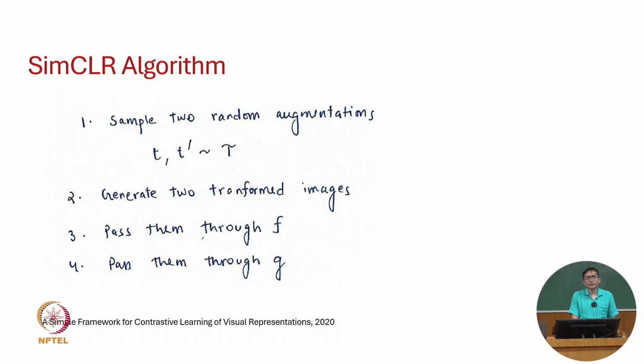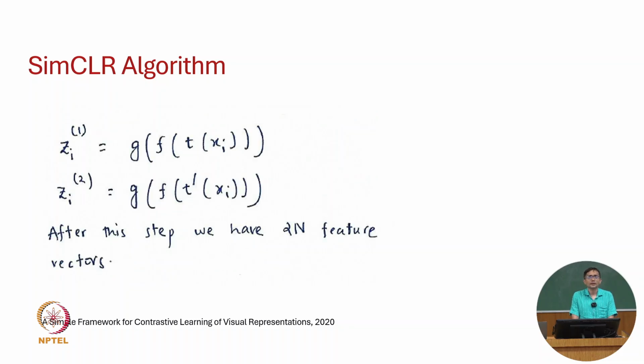So we talked about two networks, f and g. So both transformed images, the positive pair, we can call them, they are passed through f and g. So let us look at these operations in a bit more mathematical or equation perspective.